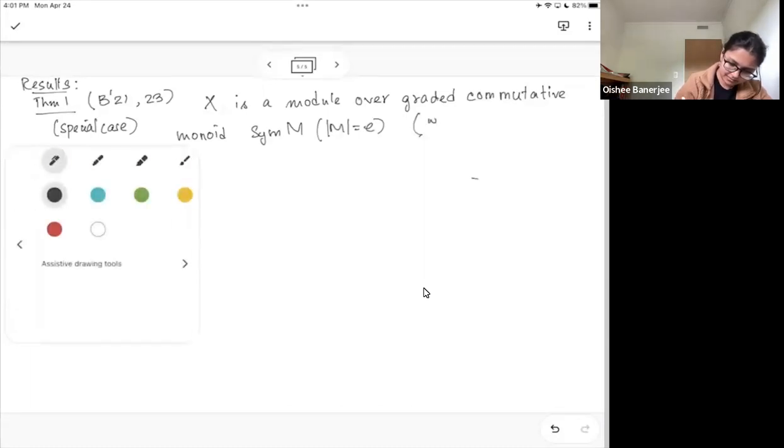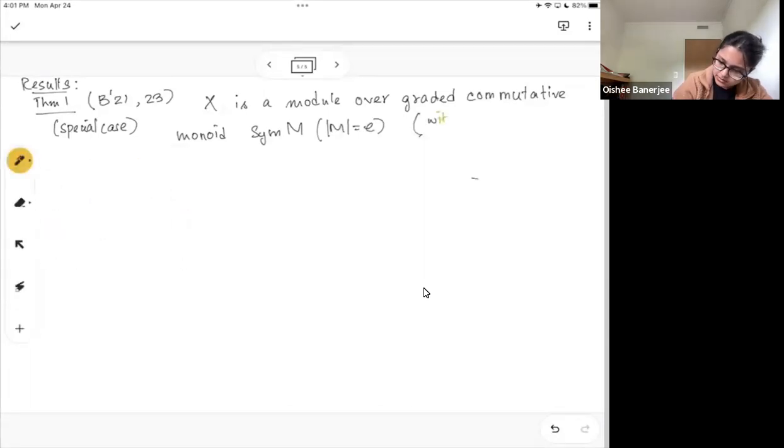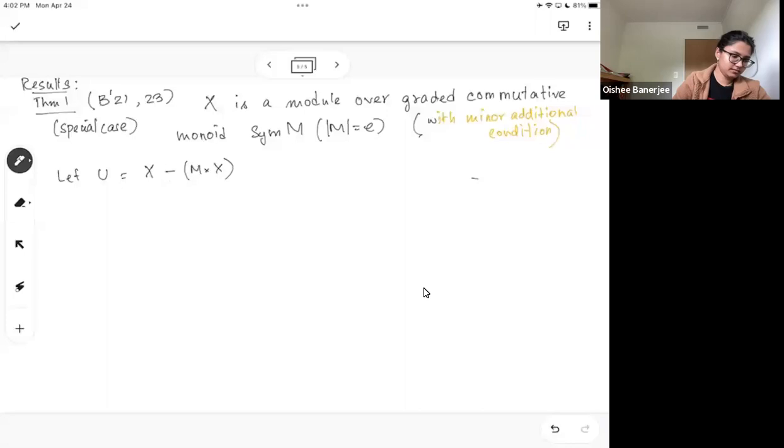So, with a minor additional condition, and let U denote X minus M cross X. Just the complement. Right.